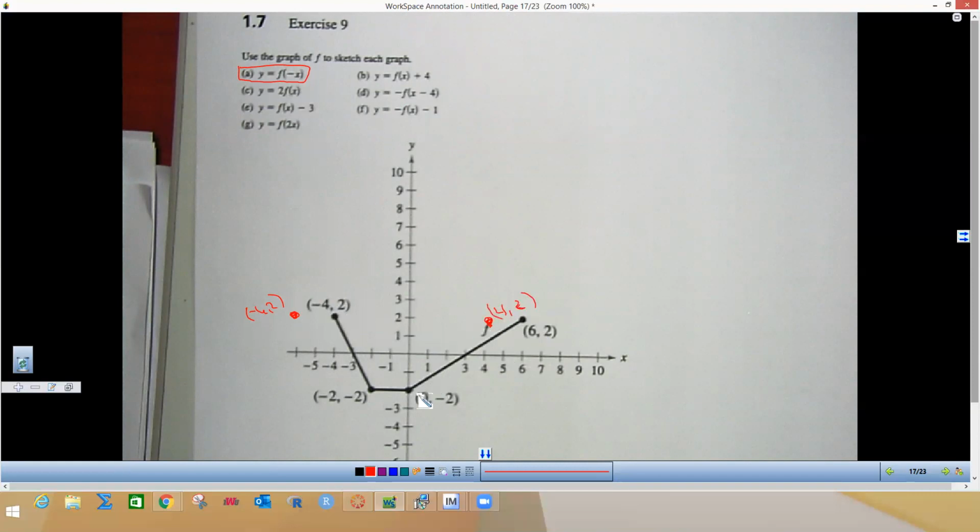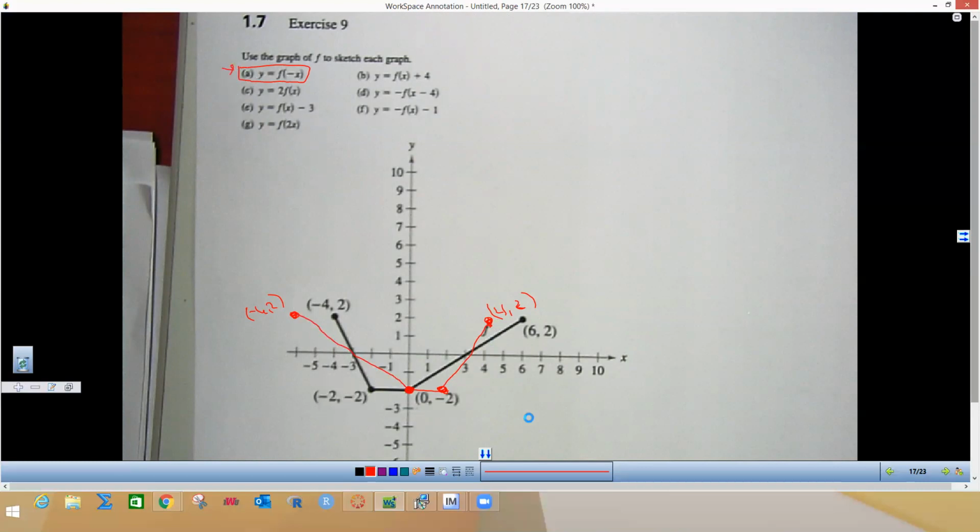And then this graph, 0, negative 2. Well, you can't have a negative 0, so it's going to stay right there because you can't make 0 negative, so it does nothing. And then this negative 2, a negative 2 is positive 2, so it reflects over here to 2, negative 2. So then if I connect these dots, that would be this first function.